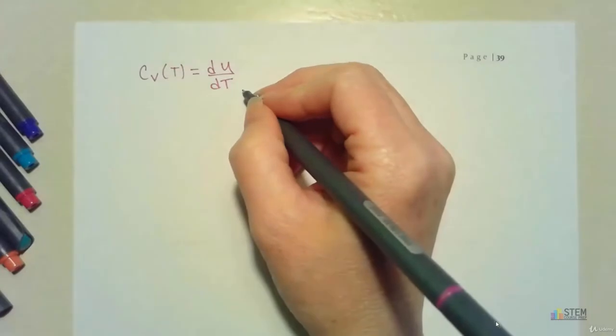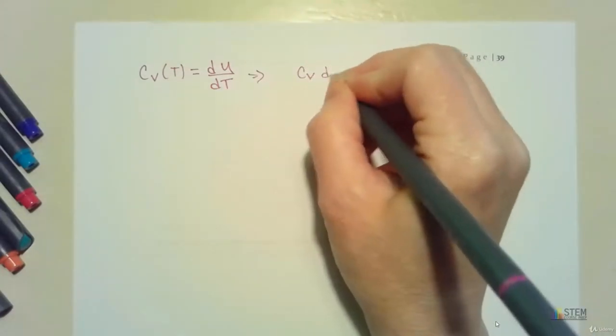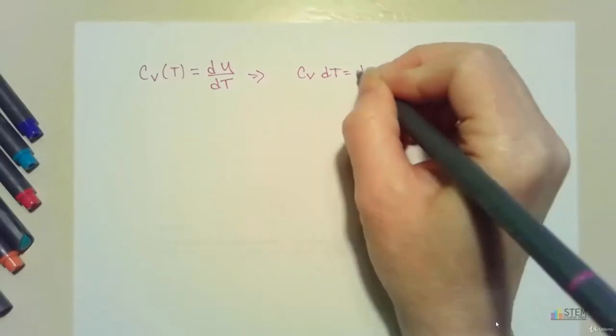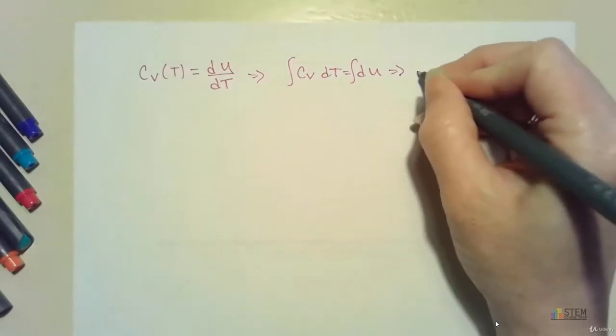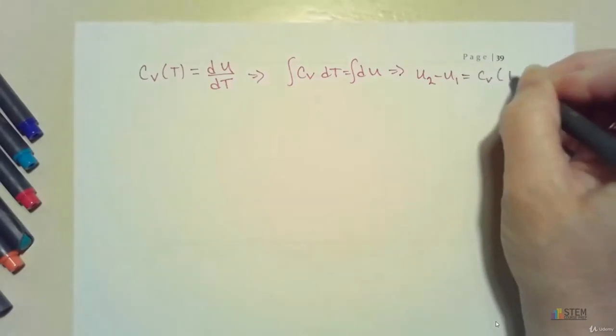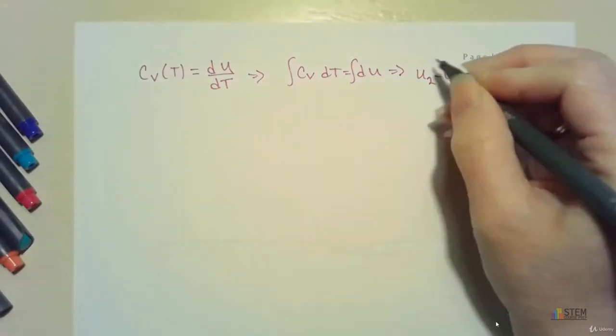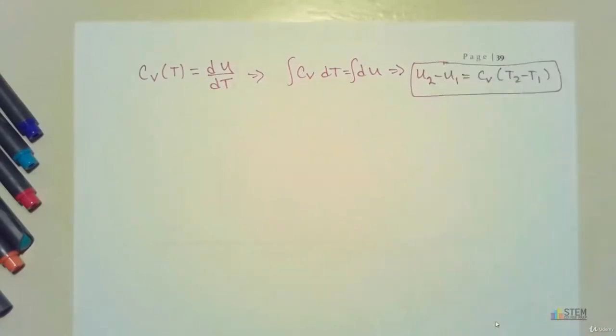Now, if you were to basically cross multiply like this, you could then integrate, and that would give you u2 minus u1 equals Cv times T2 minus T1. This is going to be one of our equations if we have an ideal gas. This allows you to relate your change in specific internal energy to your change in temperature.